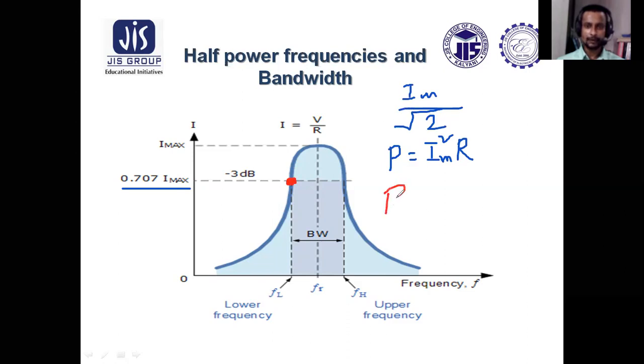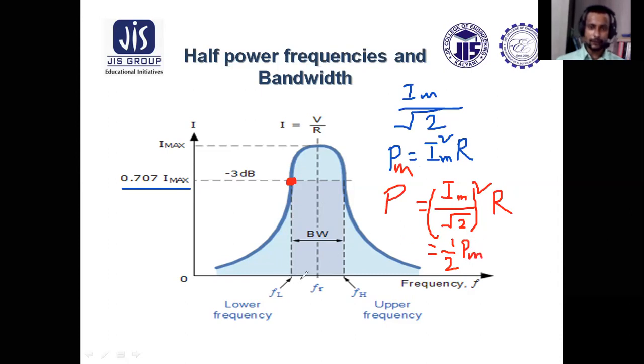So what would be the power? At this FL frequency, the power will be half of Im square R, that is, half of PM.